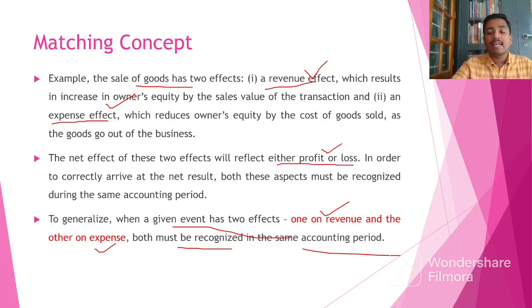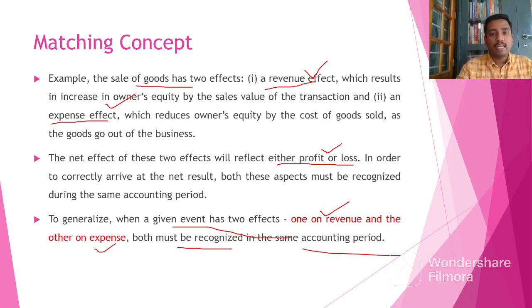So here the matching concept says that we are matching the revenues and expenses together, and the net effect of it is either the profit or the loss, and the condition is that these two things, the revenue aspect and the expenditure aspect, should come together, then only it becomes a matching concept or a matching principle.